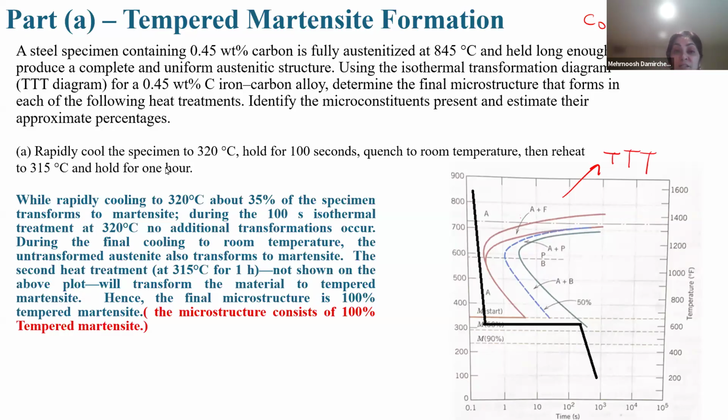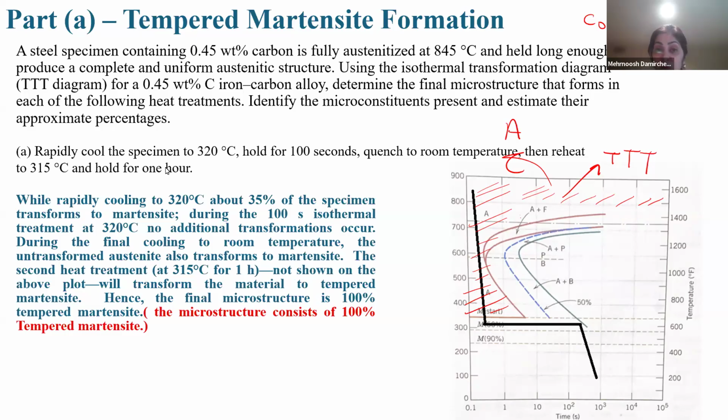The steel is fully austenite at 845 degrees. Do you see A here? All the area that I show here by dashes is austenite. So this red one is austenite, and we have a complete and uniform austenite structure.